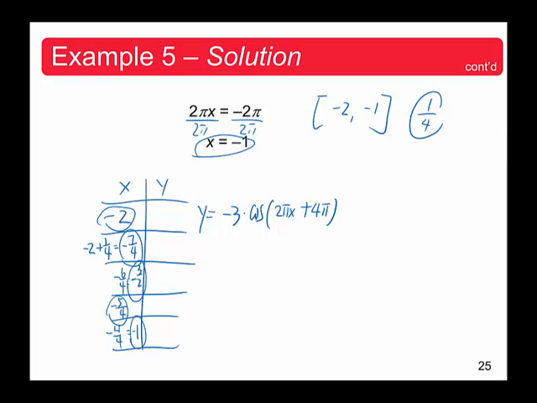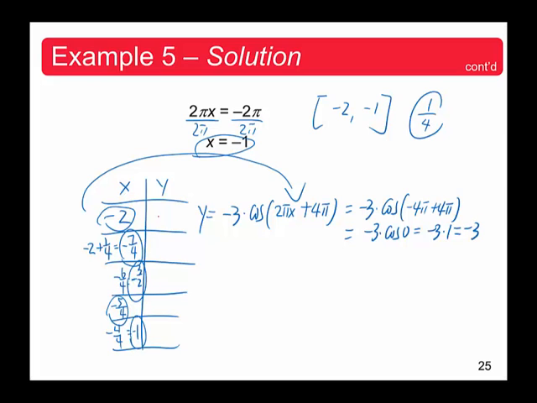Now the x coordinate goes here. The first y value should be negative 3 times cosine of negative 4 pi plus 4 pi, which turns out to be 0. Cosine 0 is equal to 1. So negative 3 times 1 becomes negative 3. So this is the minimum value.